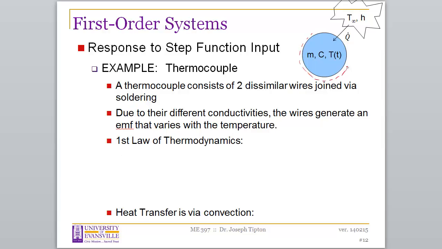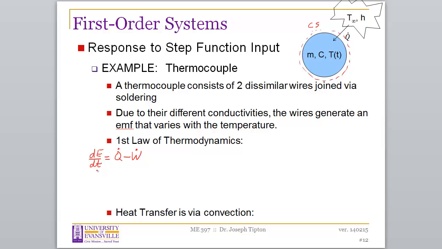So I'll draw my control system around the thermocouple solder bead here. And that would tell me that the change in energy inside the system with time is equal to the rate of heat transfer minus the rate of work between the system and the surroundings.